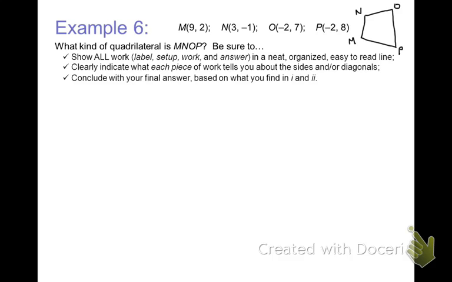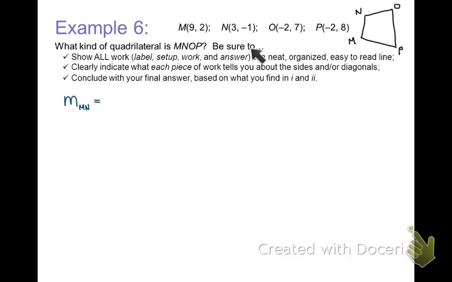Slopes of the opposite sides for all pairs, right? So how many slopes total should I be doing here? 4, before I even start to draw any conclusions, right? So let's first find the slope of, slope of what? MN. Okay, sounds good.